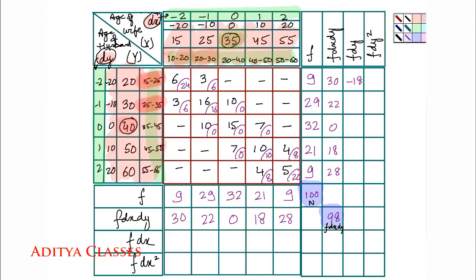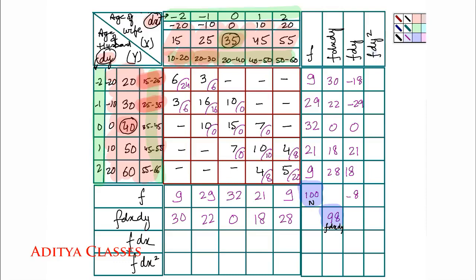So 29 multiplied by corresponding dy gives me -29. 32 multiplied by corresponding dy would give me 0. And similarly here I get 21 multiplied by 1, 21, 9 multiplied by 2 is 18. Can we add them all? Let us add them and see. We get a total of minus 8. F dy is done.